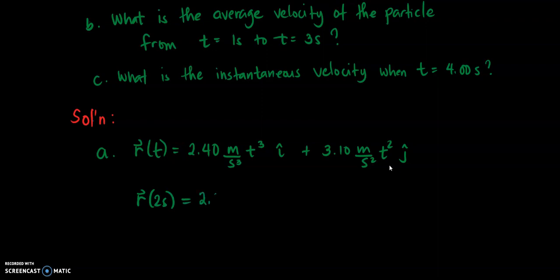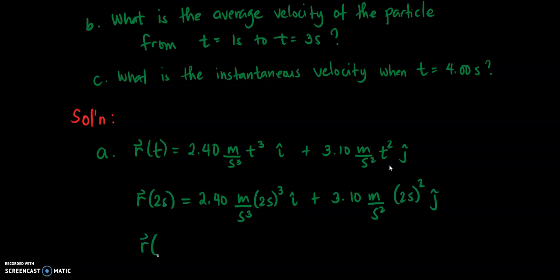So we have 2.40 m/s³ times (2 s)³ i hat plus 3.10 m/s² times (2 s)² j hat. Okay, then let us simplify.